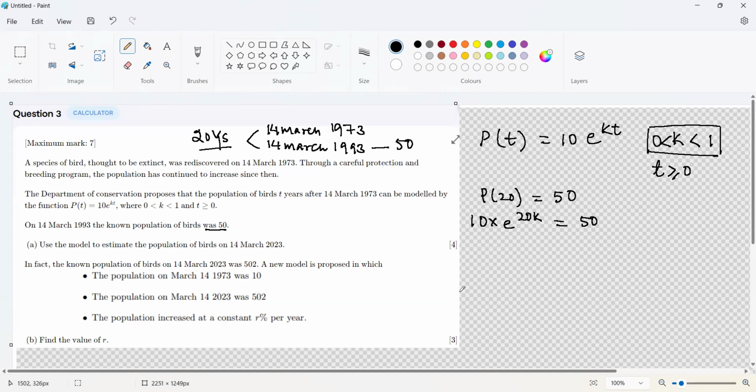How do I get the k value? The k value would be found using the solver.